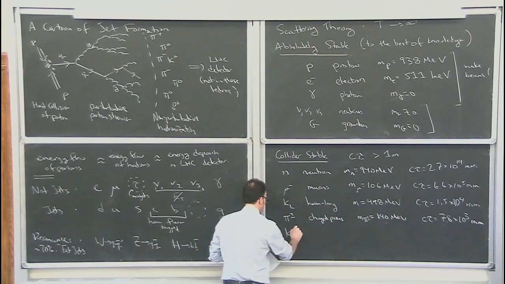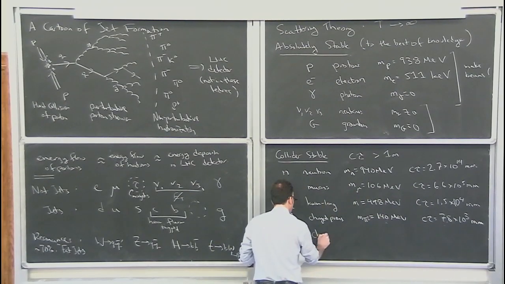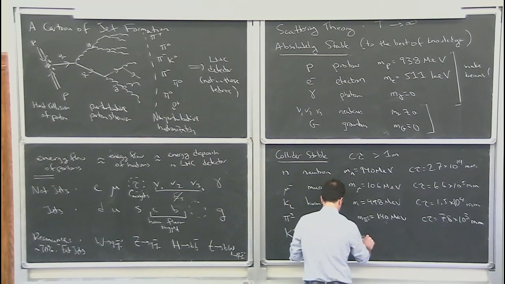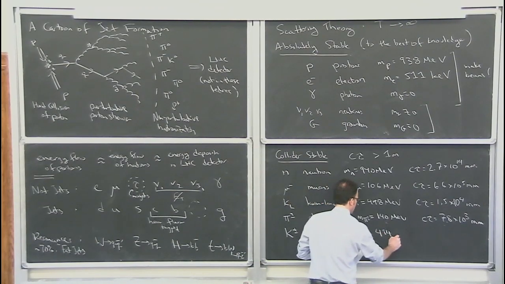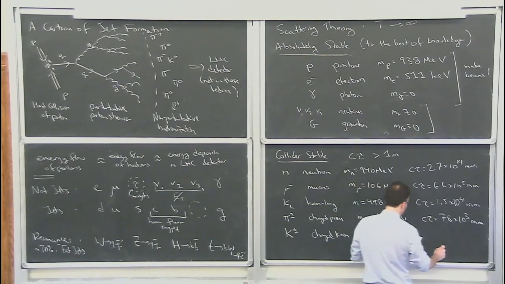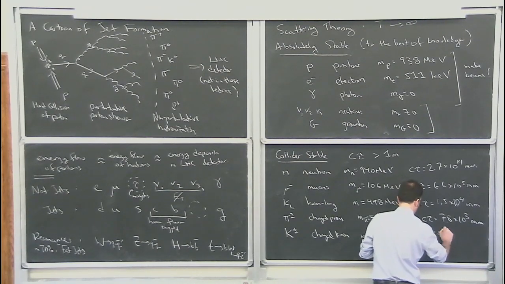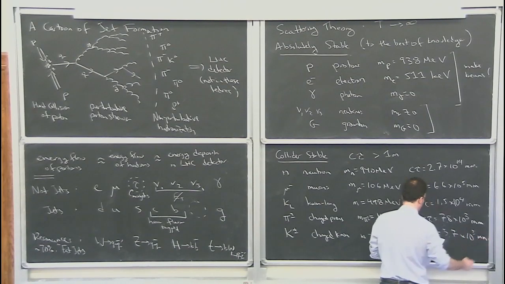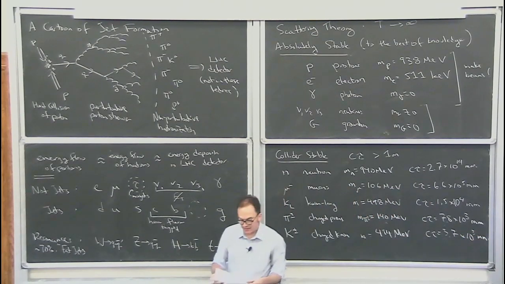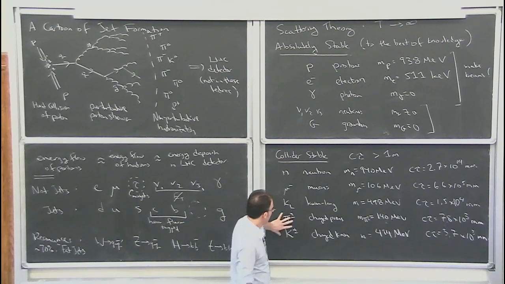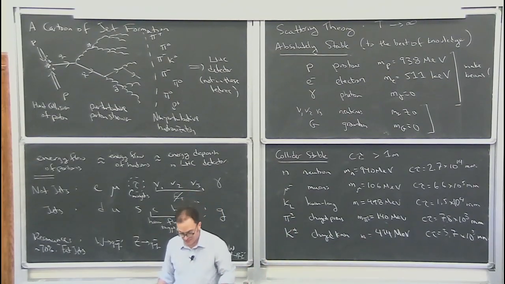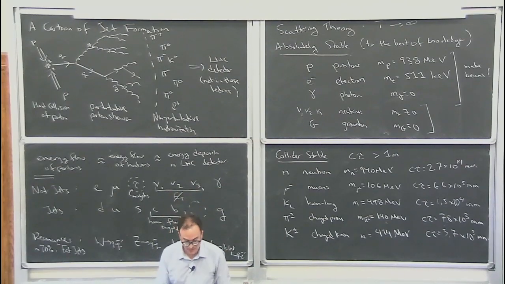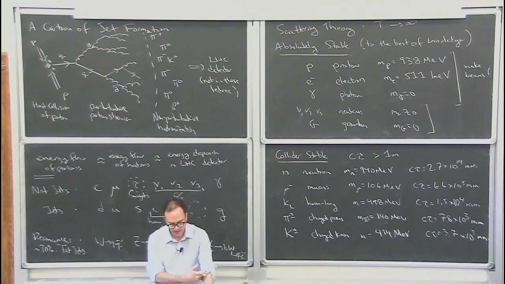And charged kaons are a little bit heavier with a comparable lifetime. And these are basically mostly stable on collider timescales. You'd want to make sure you build detectors to see them. Luckily, they're charged, and charged particles are easier to see because you can use so-called tracking detectors to see them.